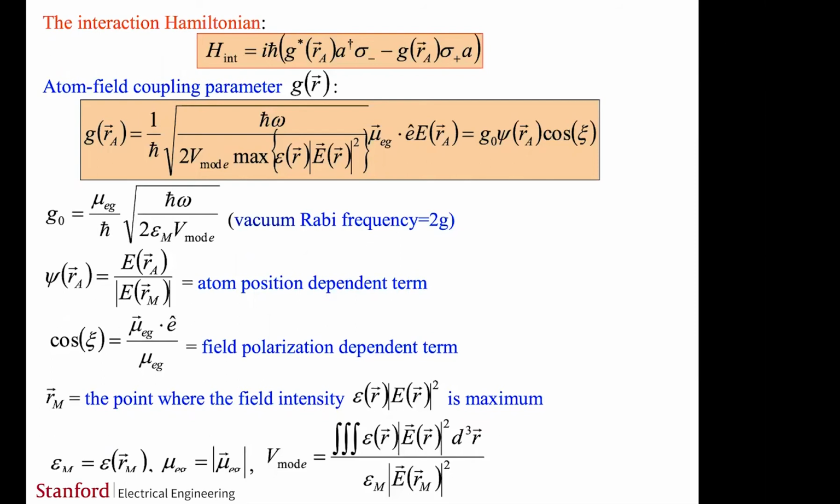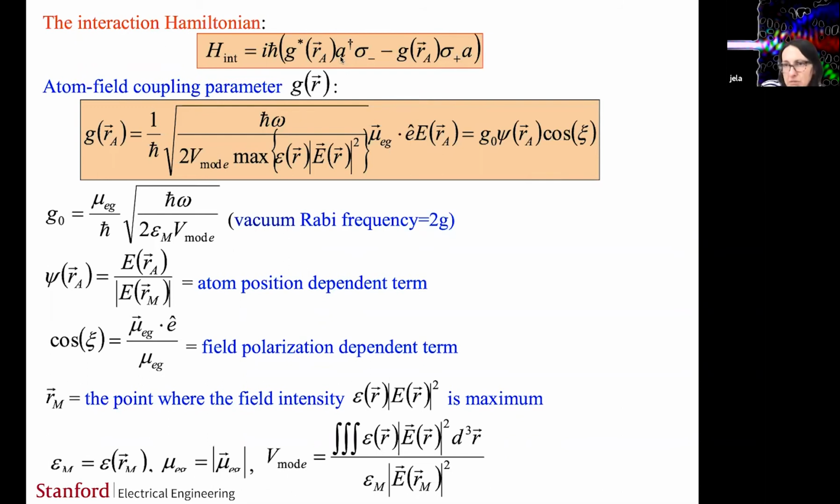So when you look at this expression, when would the interaction between atom and field be the strongest? What do you have to do? Where would you have to put the atom? Just look at this expression. How would you maximize the interaction Hamiltonian? You have to maximize G, right?